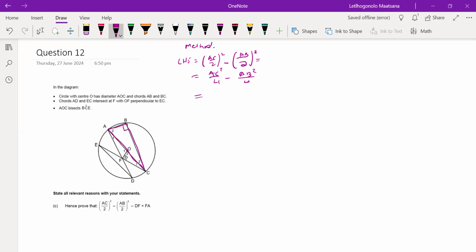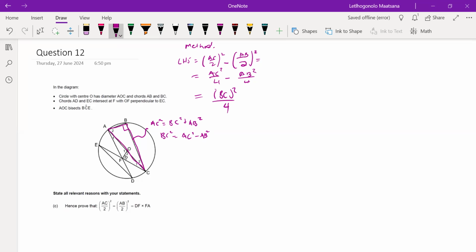We can use Pythagoras theorem, where AC² is equal to BC² plus AB². Therefore, BC² would be AC² minus AB². And we can substitute that here and have this as BC²/4.